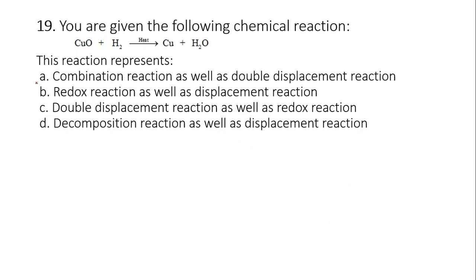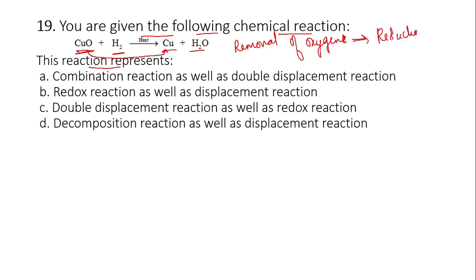Moving to the next question. Now you are given the following chemical equation. This reaction represents what? CuO when it reacts with H2 gives Cu plus H2O. See, oxygen has been removed from CuO. So when there is a removal of oxygen, we term that reaction as reduction, right?